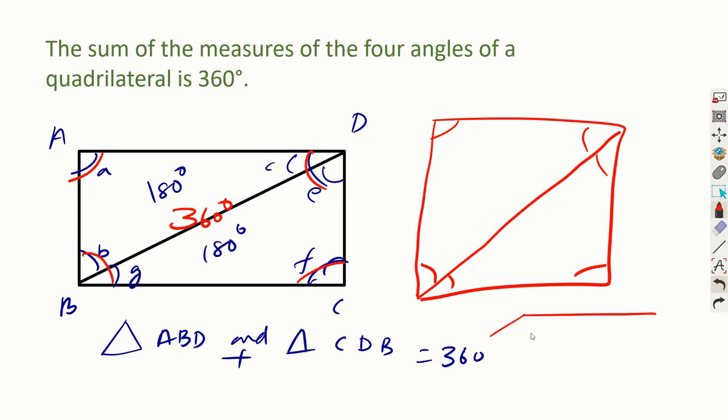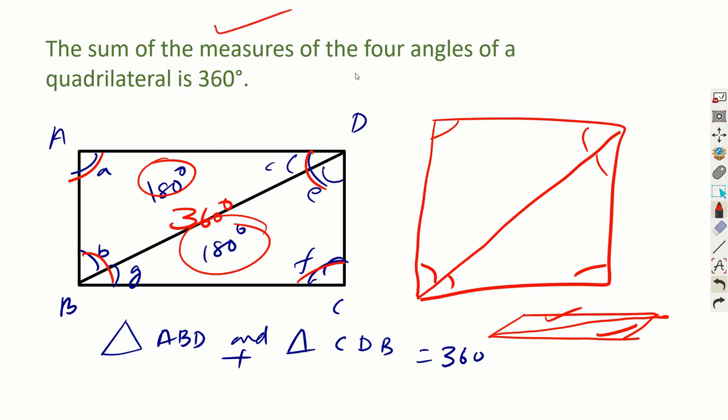Even if the quadrilateral is like this, if I make a diagonal, it will divide into two triangles. Always a triangle will create 180 degrees. So naturally the two triangles' angle sum will be equal to 360 degrees. Thus the sum of the measures of the four angles of a quadrilateral is 360 degrees, is proved.